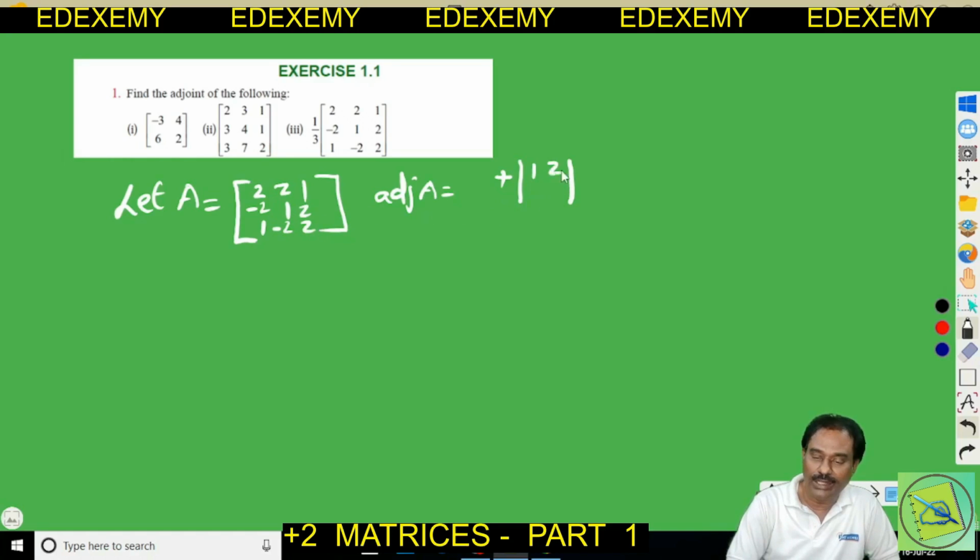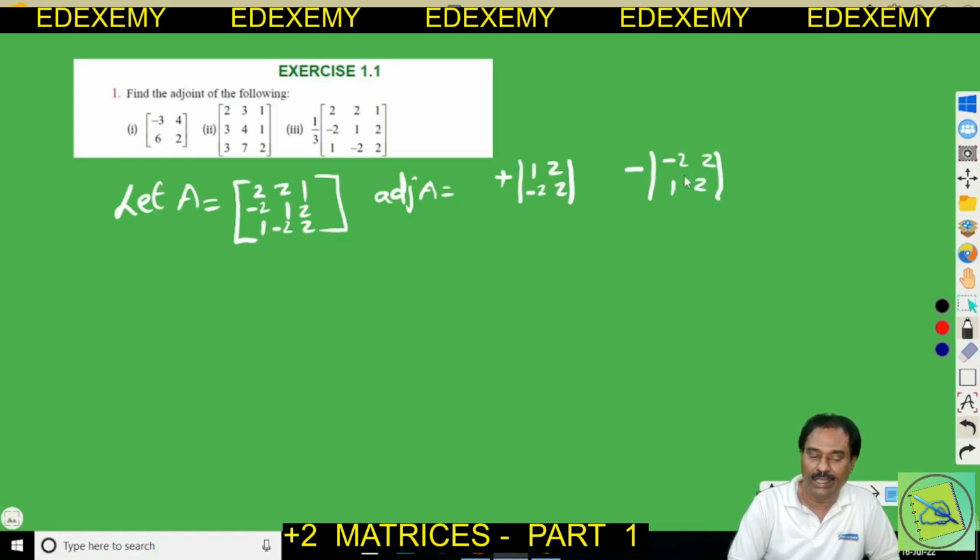Now first 2, it is in the first row, first column. If we leave first row and first column, the remaining numbers are 1, 2, minus 2, 2. The determinant of this will be the cofactor of that 2, first row, first column. Okay. Now the first row, second column, the cofactor of 2 takes the negative value, and it is in the first row, second column. If you leave it, the remaining numbers are minus 2, 2, 1, 2.